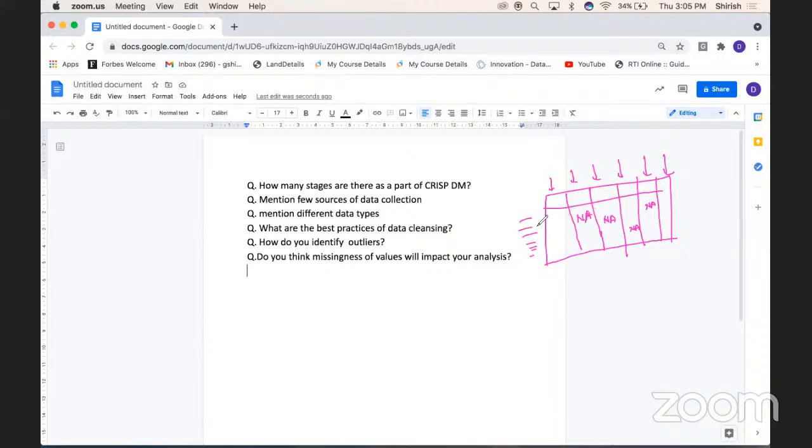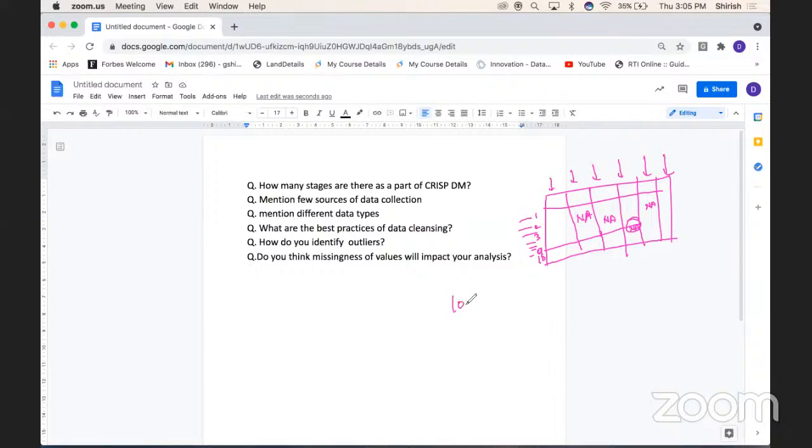This entire row, suppose this is 1, 2, the entire row would not be considered. It deletes that entire row.